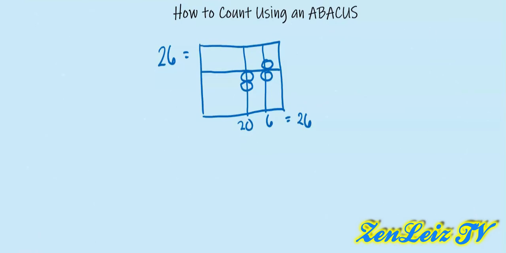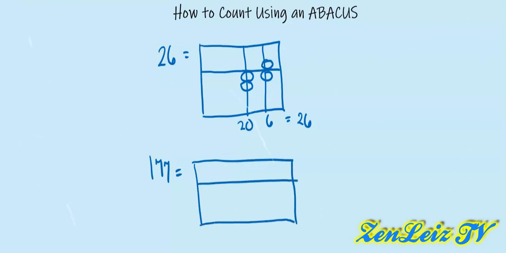So, paano po, ma'am, kung 177? Okay, tingnan natin. Let's have 177. So, ilan ang kailangan natin? Hanggang hundreds. So, kailangan natin ng hanggang hundreds. So, tatlo lang. 1, 2, 3.